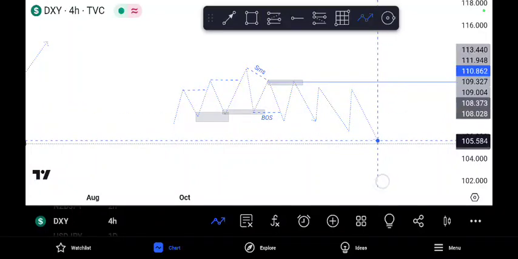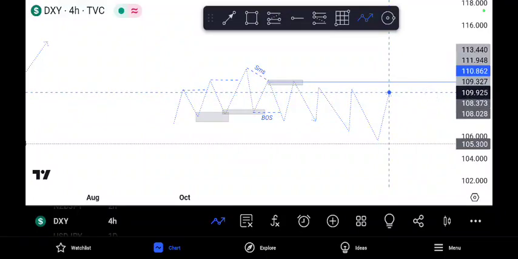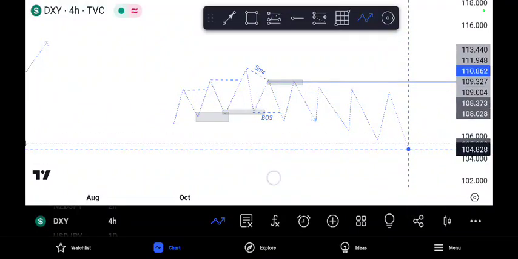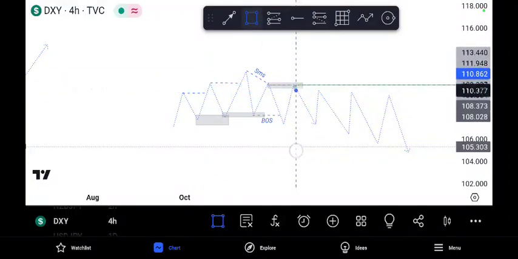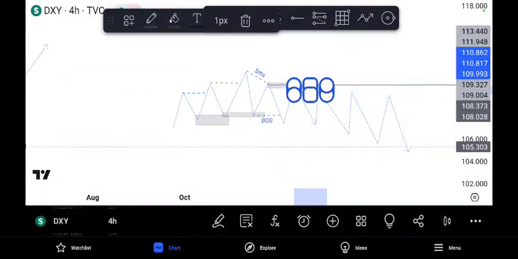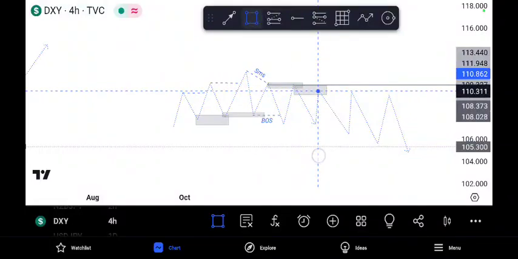Just this move, you're going to be seeing price still doing, breaking, and you see price trading to the downside. This is just all what we are expecting on this kind of market, this kind of trend move.